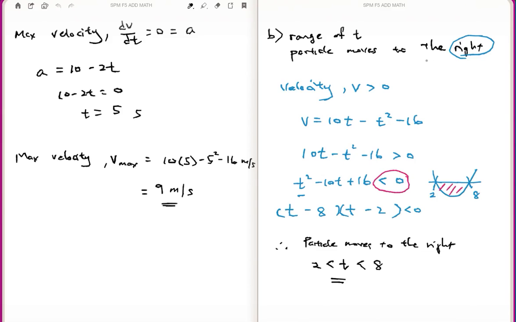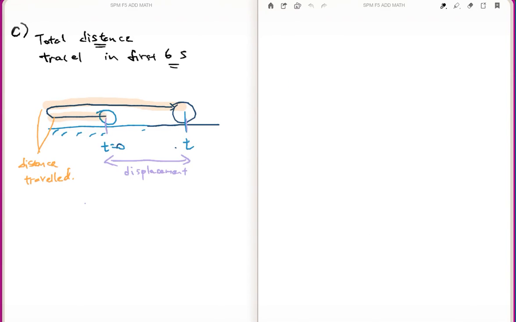When it's moving to the right, it means this is moving to the left. Maybe t1. When it's t2, the object is moving to the right. When it's t2, it's the turning point. So from t0 to t2 it is moving to the left.